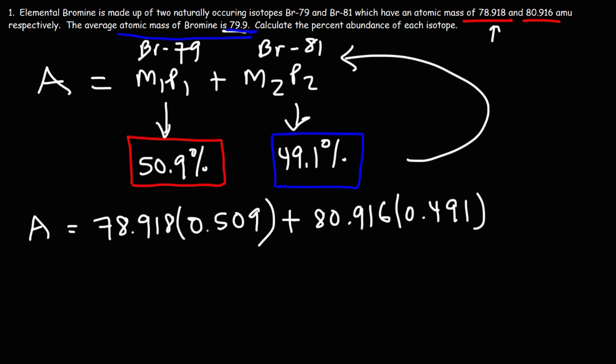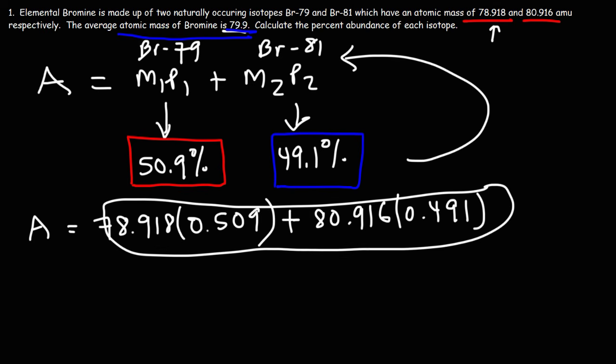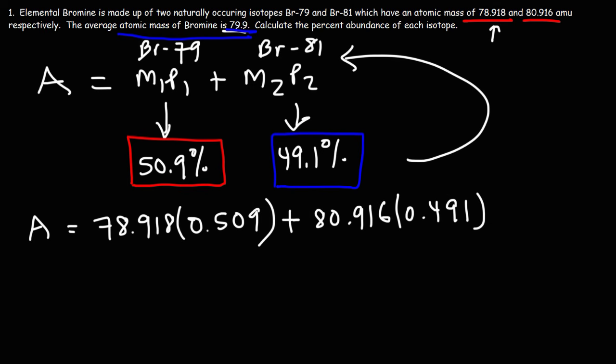So go ahead and plug in these values into your calculator. The answer that I got was 79.899, which is approximately 79.9.